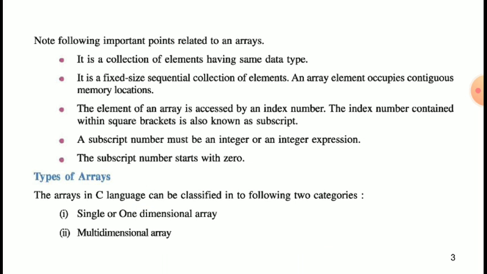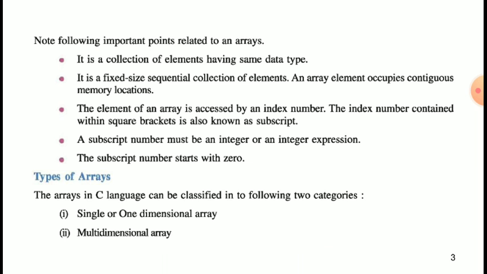Note the following important points related to an array. It is a collection of elements having the same data type. It is a fixed size sequential collection of elements. Array elements occupy continuous memory locations.